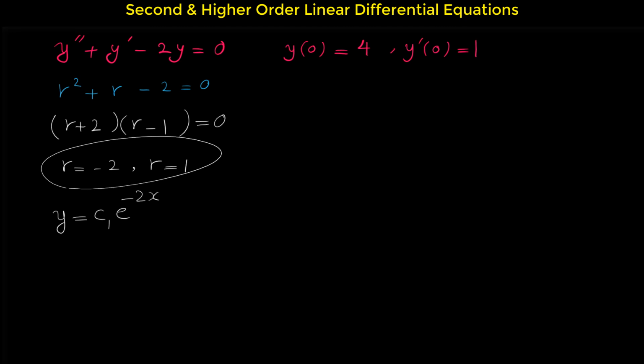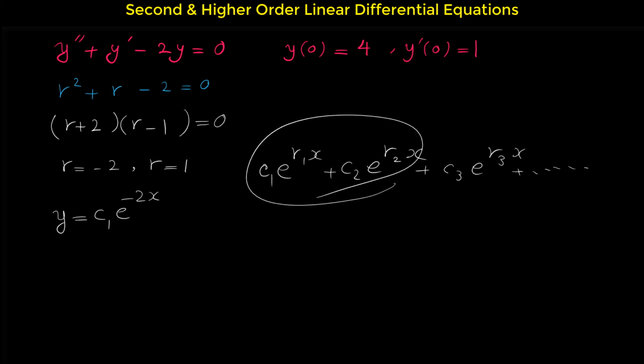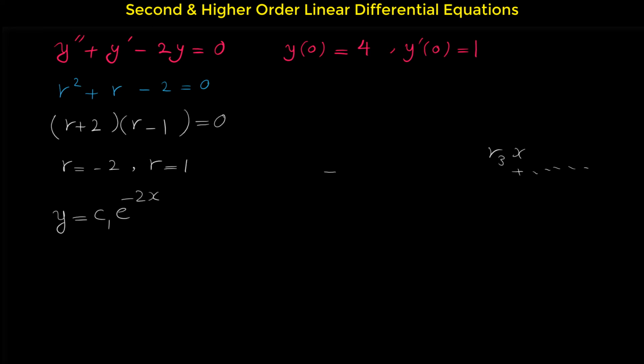Note that here we have two distinct real roots, and so the solution is something like c1 e to the first root x plus c2 times e to the second root x. If we have more roots, we can continue in this form. Here we have two roots, so we have this part of the solution.